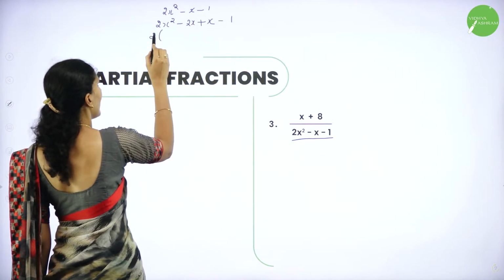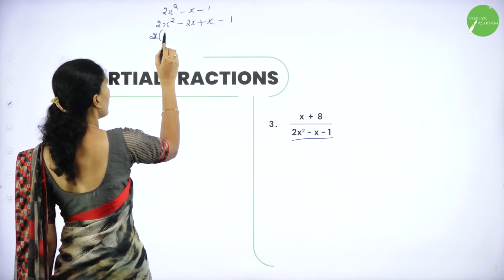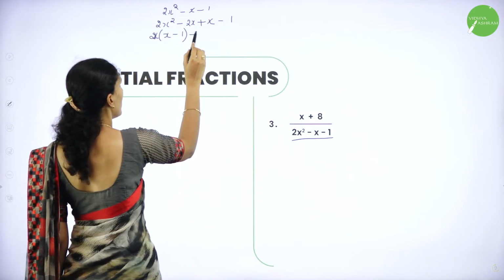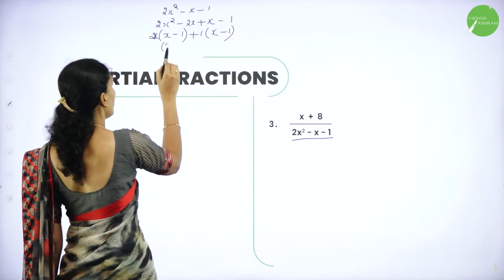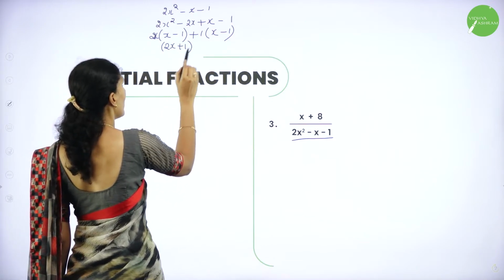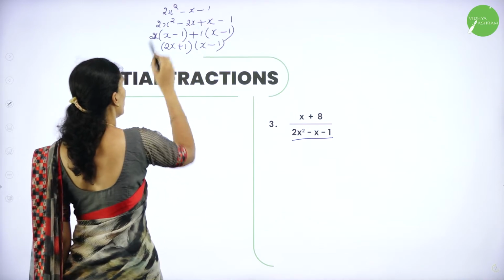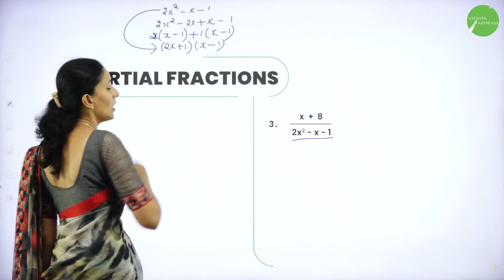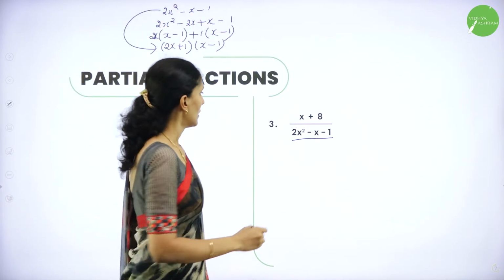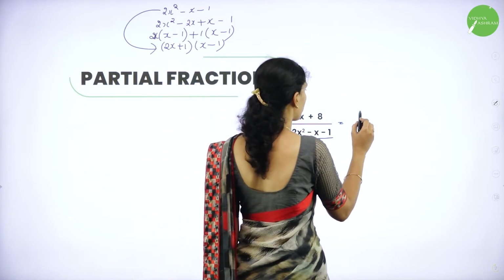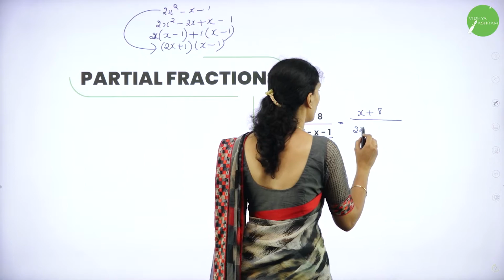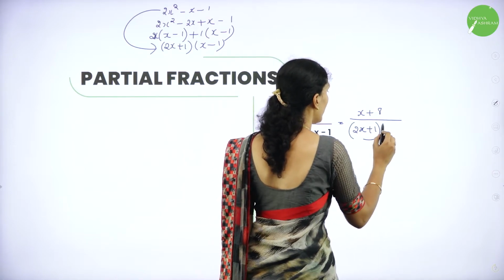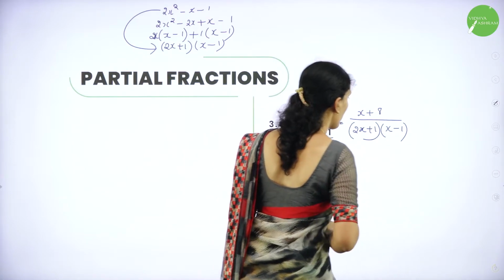So 2x common factor, so you will get x minus 1 plus 1 common factor, x minus 1. So you have 2x plus 1 and x minus 1. So quadratic into linear factors. So this can be written as x plus 8 divided by 2x plus 1 into x minus 1.